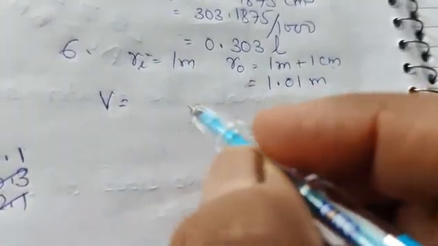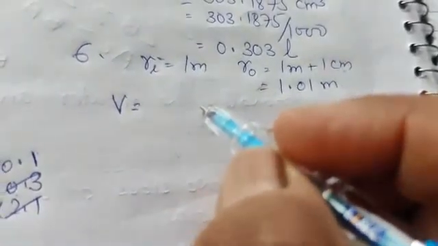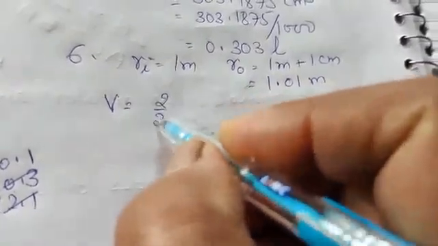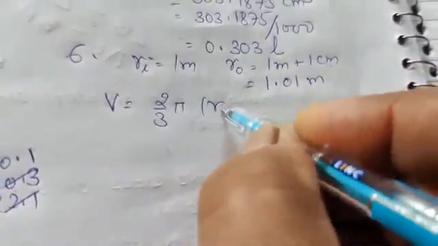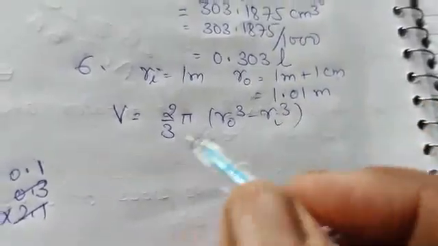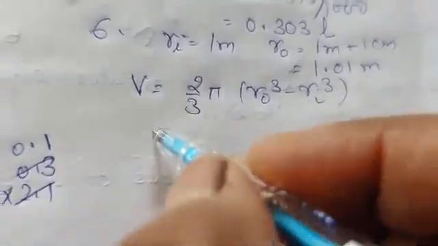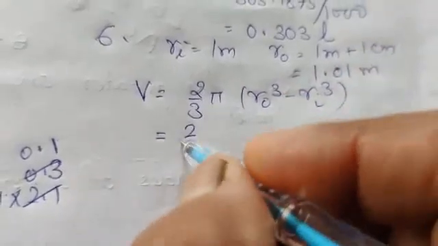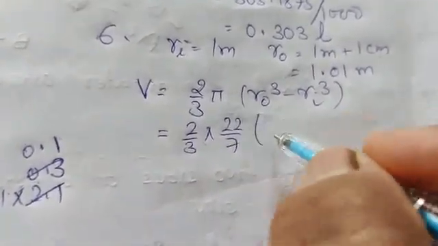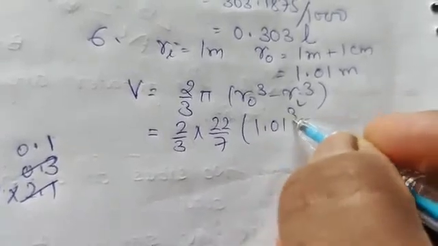Now volume of the hemispherical tank is 2 by 3 pi (r outer cube minus r inner cube). This is the whole volume of a hollow hemisphere. 2 by 3 pi is 22 by 7, into (1.01 whole cube minus 1 cube).